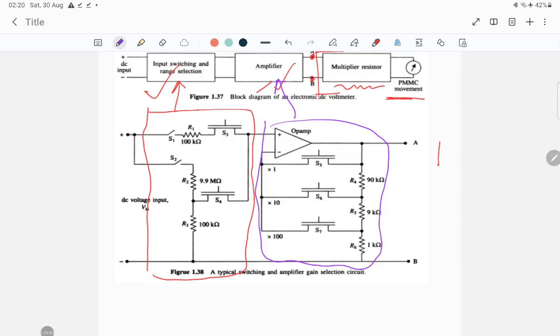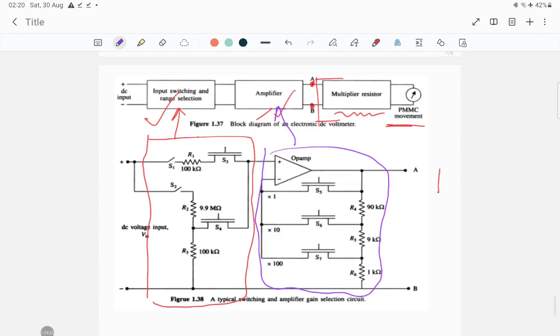Now for the multiplier resistor, how is this electronic device actually working?